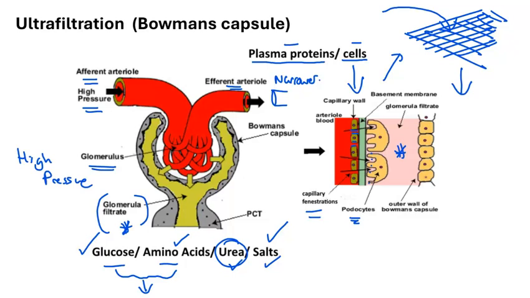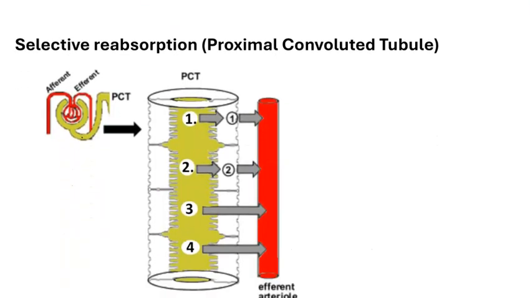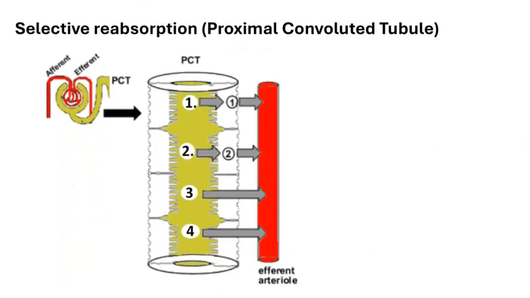The process that we're now looking at is what is called selective reabsorption, and as the filtrate flows on, it flows into what is called the proximal convoluted tubule. As the glomerular filtrate makes its way into the proximal convoluted tubule, the selective reabsorption will begin.